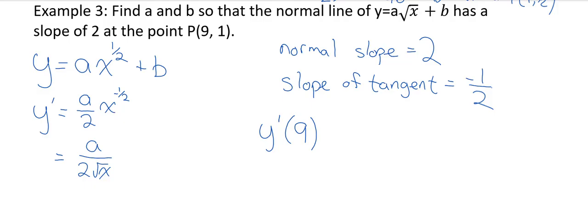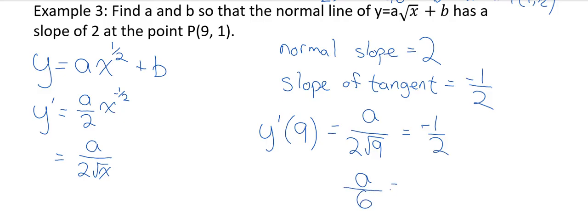So y prime at 9 is equal to a over 2 root 9, and we know that has to equal negative 1/2. So it's going to be a over 2 times the root of 9. So root of 9 is 3, 3 times 2 is 6.